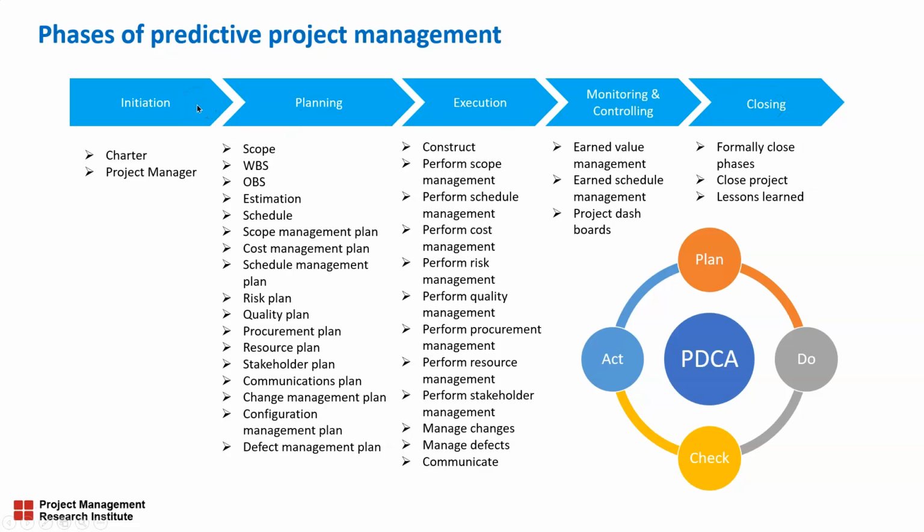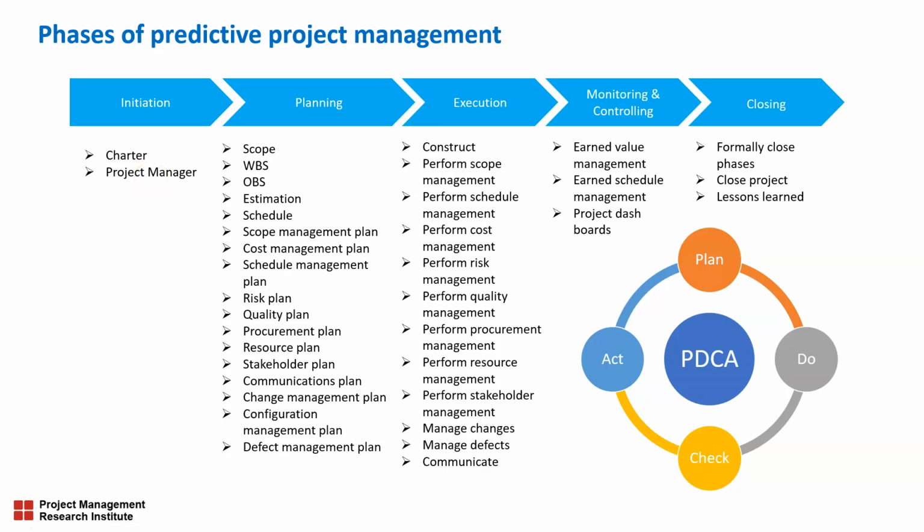Under initiation, the key activities that are performed are development of a project charter and the appointment of the project manager. So when we start a project, there will be only the sponsor. So during initiation, the sponsor prepares the charter and identifies the project manager.